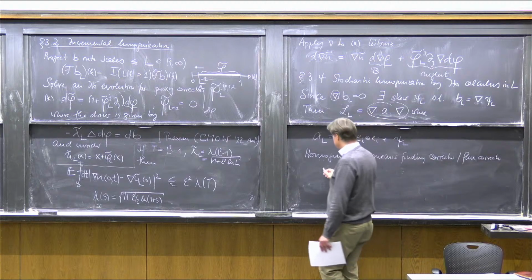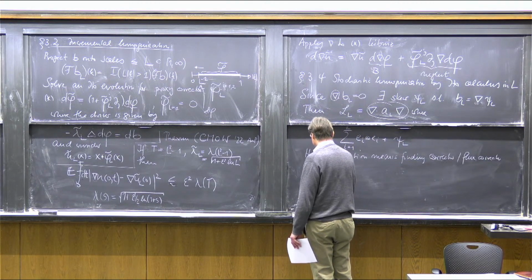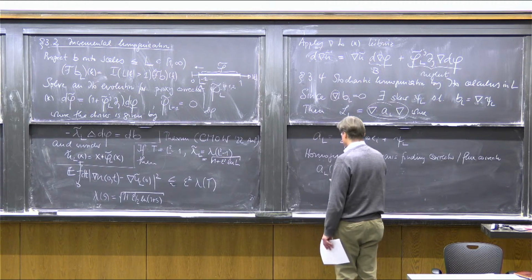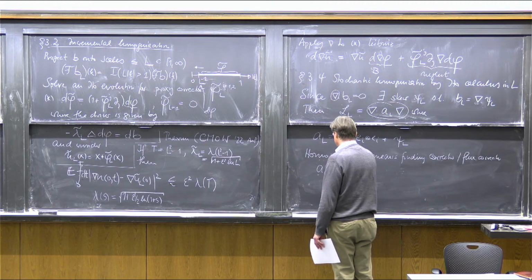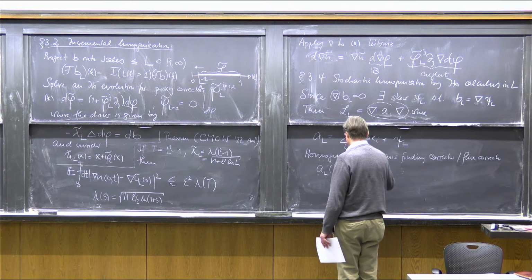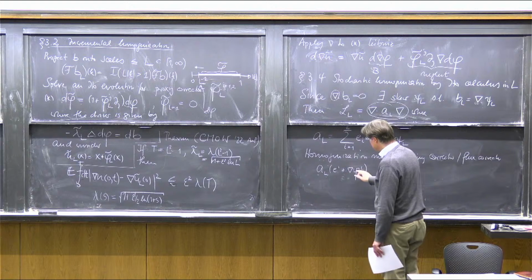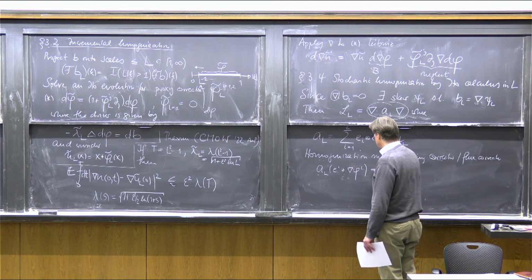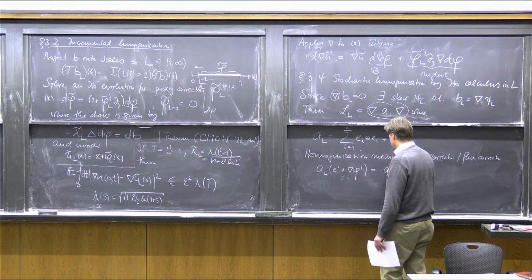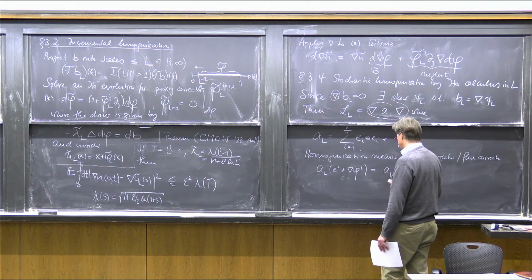And one way of writing this is: you take your coefficient field, you apply it to a gradient, which is given by a constant plus a perturbation, which is the corrector, and you want to connect that to a homogeneous coefficient field.